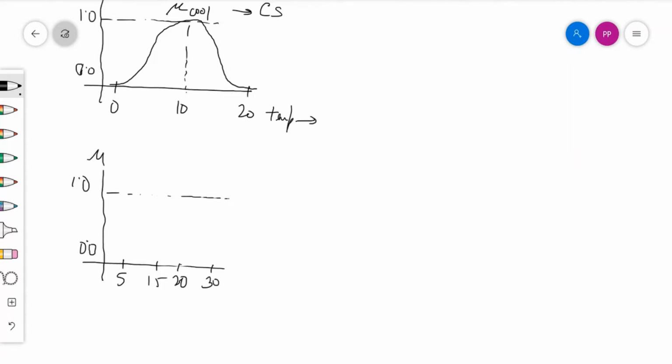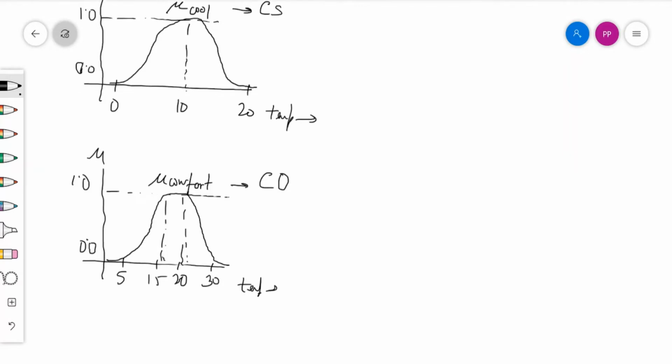So this is temperature. How it is changing: from 15 to 20 we'll have a comfort zone of flatness. So we can draw like this. This is the range of flatness. I can define it as mu comfort. In fuzzy I can abbreviate this nomenclature as CO.